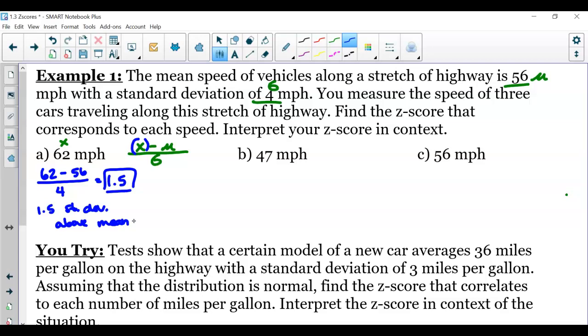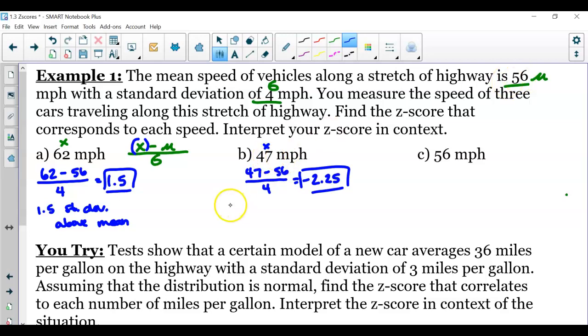Then 47. 47 is my x. So again, 47 minus the mean, which is 56. Divide by, again, the standard deviation, which is 4. Then put that in the calculator, and you get a z-score of negative 2.25. Now notice, that makes sense that you get a negative z-score, because 47 miles per hour is less than the average of 56.